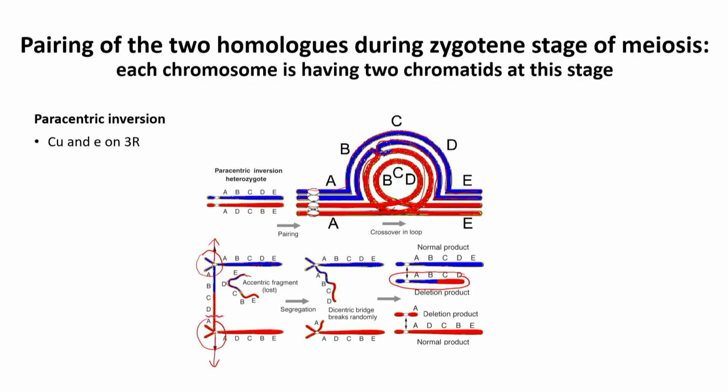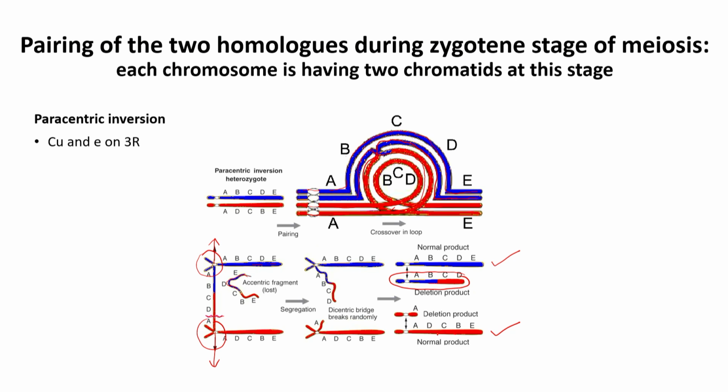During gamete formation, one chromatid will go to one gamete. So this chromatid has gone to a gamete, and this is a normal one because it has the complete genome A, B, C, D, E. The other one is also normal because it has the complete genome.